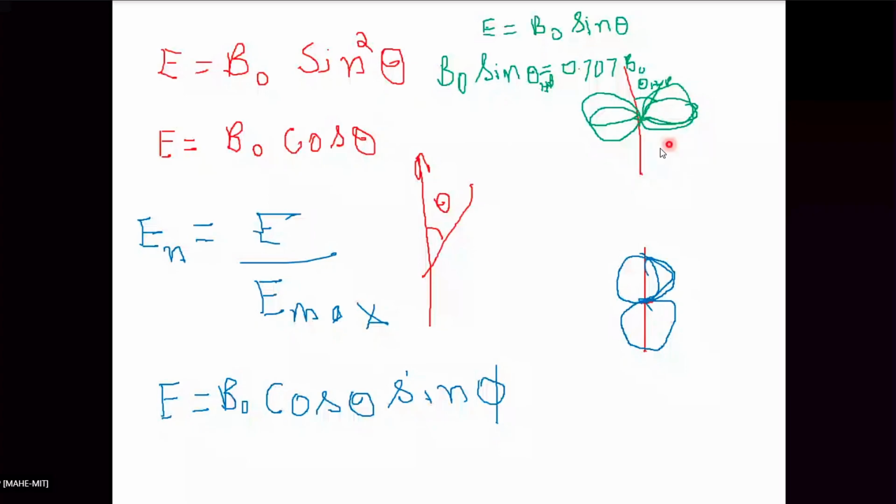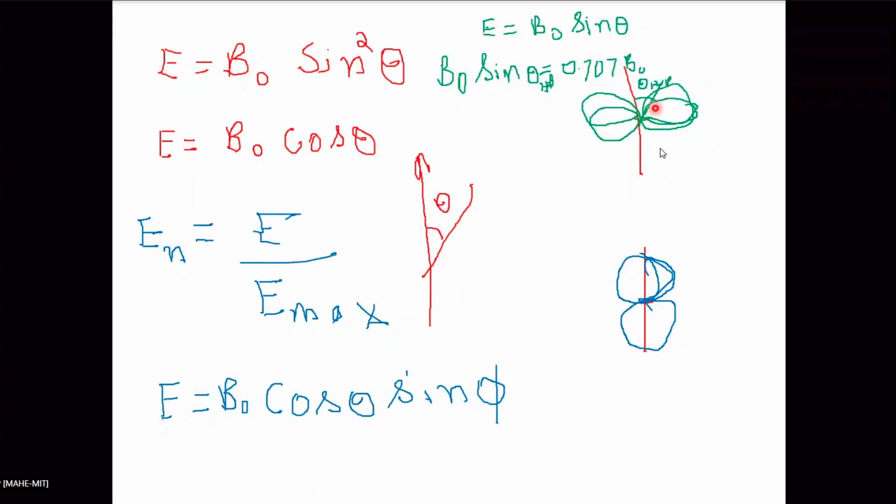So the half power beamwidth for sin theta is 90 degrees. Do you get it? For cos theta also it is the same thing. It is called HPBW, half power beamwidth. It is 90 degrees, the direction of maximum, minus this angle.